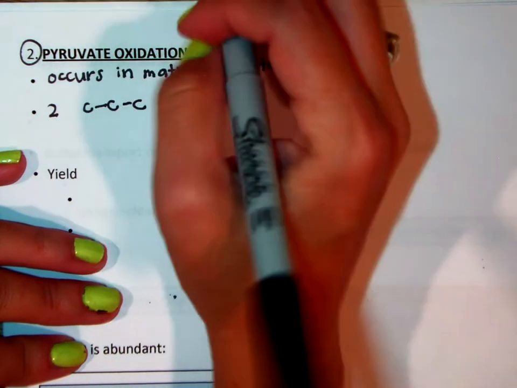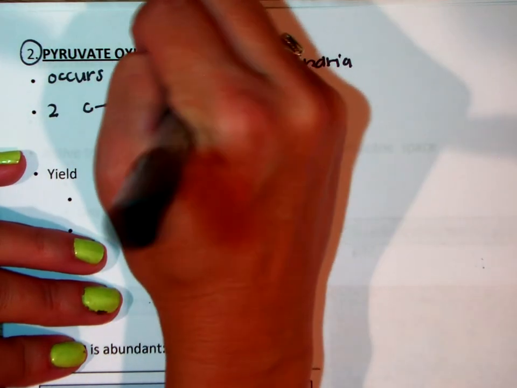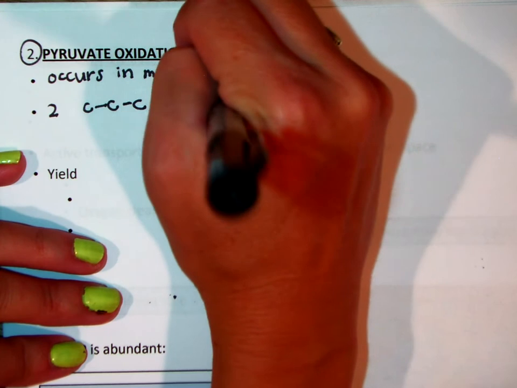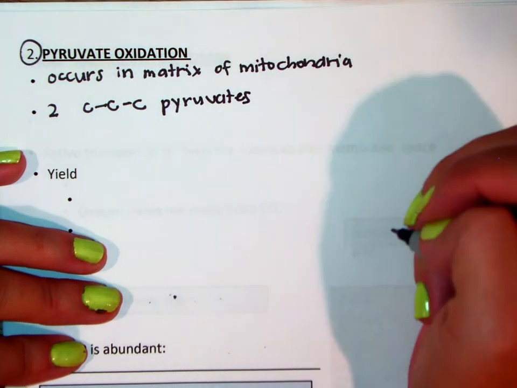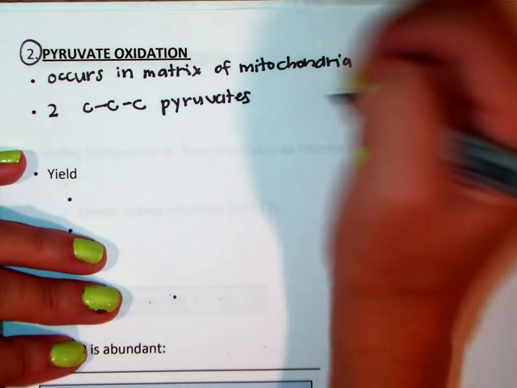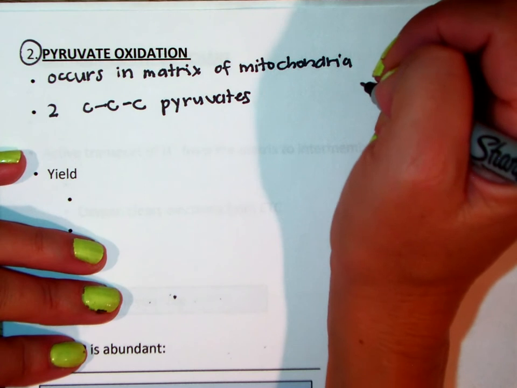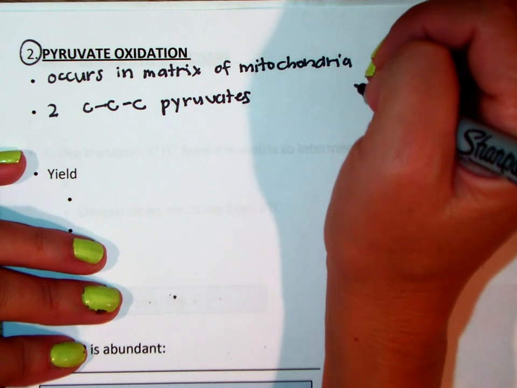And what's going in are those 2 3-carbon pyruvates that were yielded in glycolysis. And they'll be broken down into 2 2-carbon molecules called acetyl-CoA.